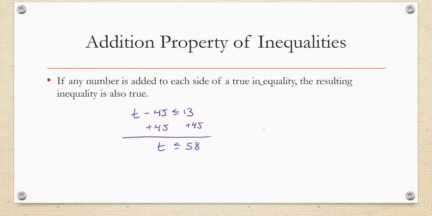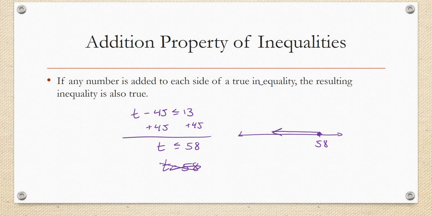Now, if you are asked to graph the solution, it is all the numbers less than or equal to 58. So we would find 58 on the number line. If we wanted to graph t equals 58, we would put a solid dot there. Less than 58 means to the left.